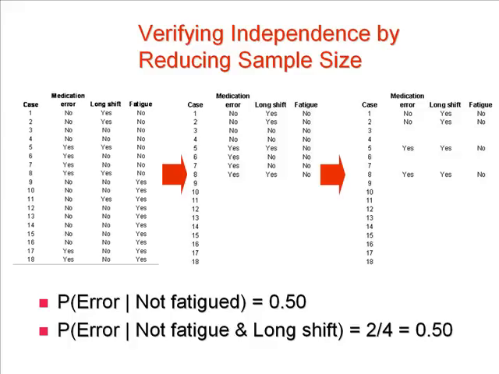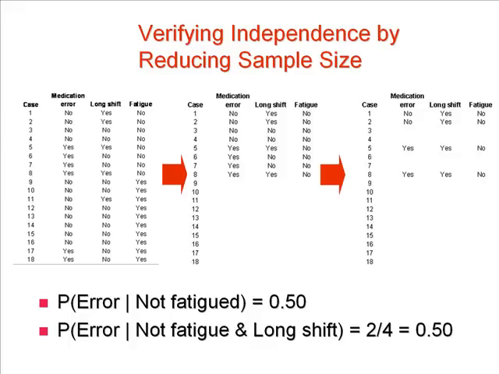Probability of having a long shift is calculated as 28%. Probability of having both error and long shift is 11%, and this is not equal to the product of the probability of each event. Therefore, error and long shift are dependent on each other. Knowing the length of the shift tells us something about the probability of error in that shift.